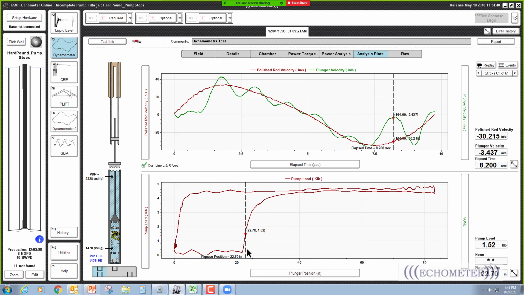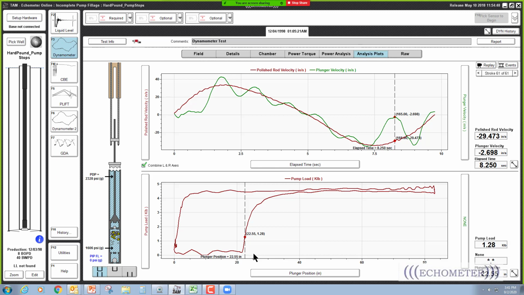And the polish rod's going down pretty fast still. At that point, if you looked at the polish rod about 20 inches off the bottom of the stroke, you see the bridle wiggle, and you say, go feel of it, man, feel that plunger pound into the liquid.